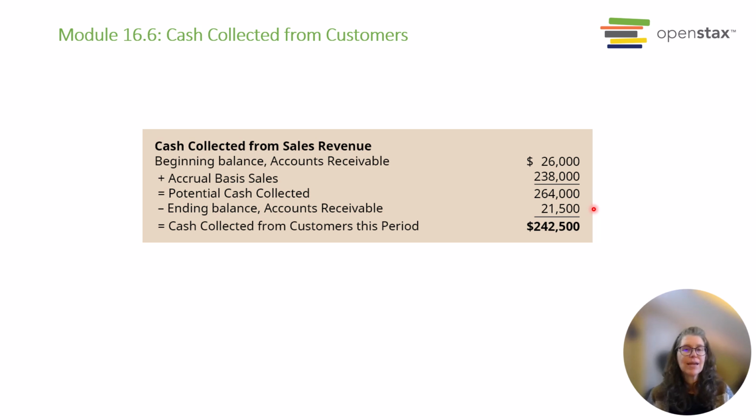They ended 2018 with $21,500 in accounts receivable. Everything else got collected. So $242,500 of it got collected.